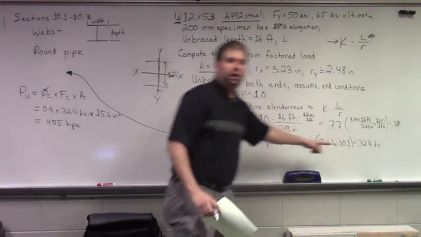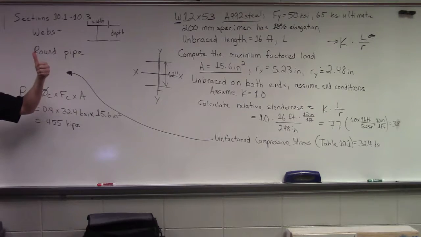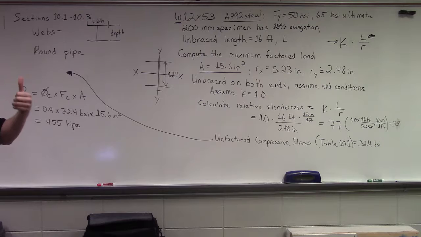If we plug 45 ksi in here, does our number go up or down? It goes up. But in making our recommendation, we need to make sure we get the lowest value, because that is going to be the most conservative.